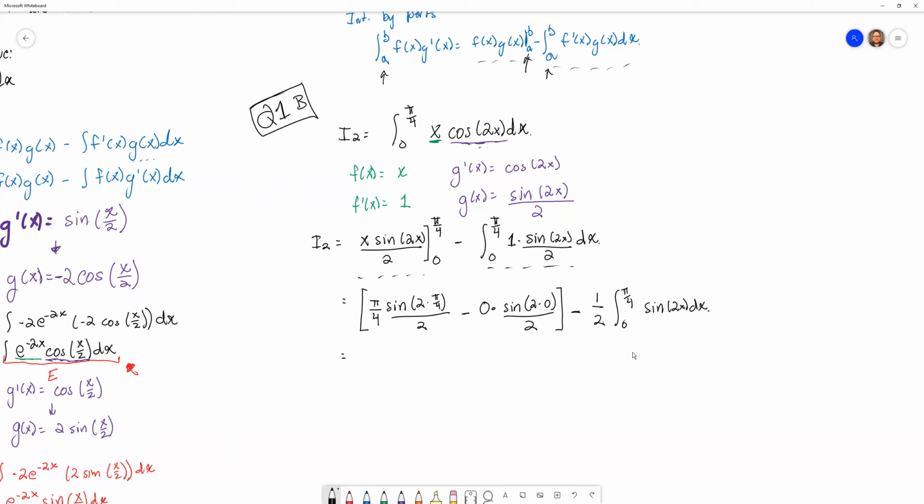Okay, and so next line we will evaluate some of this. So this term all goes to 0 because we have a 0 here. And the first term is going to be pi over 8 times sine of 2 times pi by 4, which is just pi by 2.